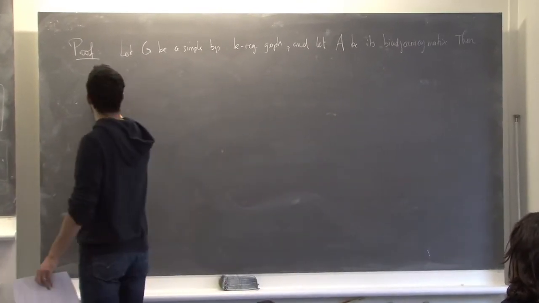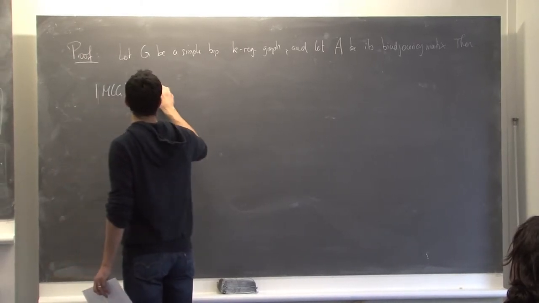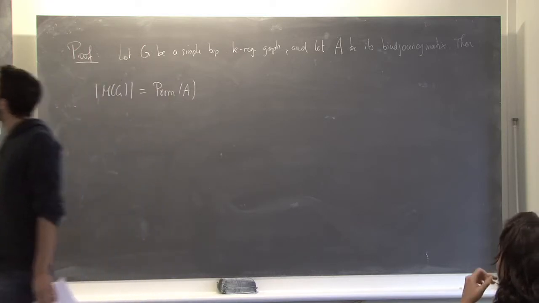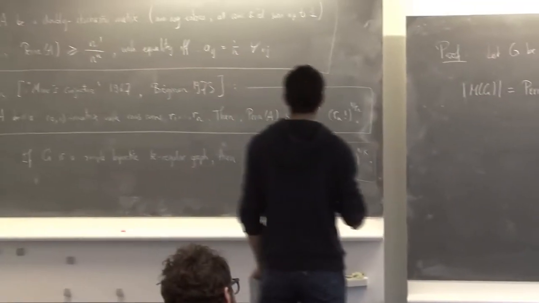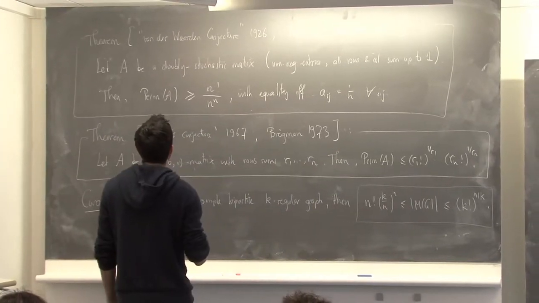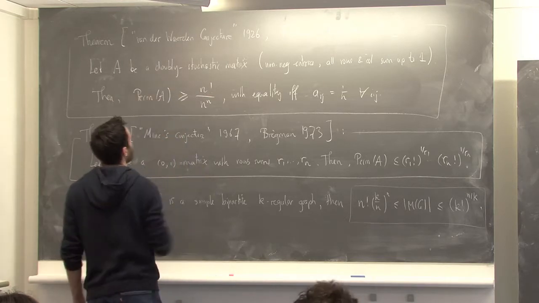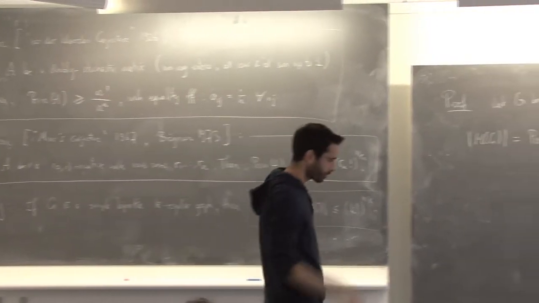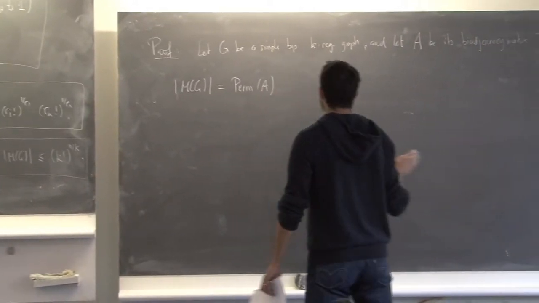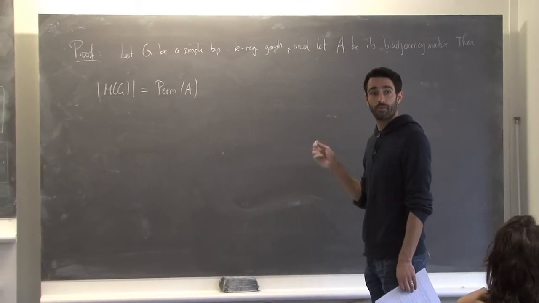Then the number of perfect matchings M is equal to the permanent of A. Now what I want to do is change A to a doubly stochastic matrix. In my matrix A, all the columns and lines sum up to k, since the graph is k-regular.